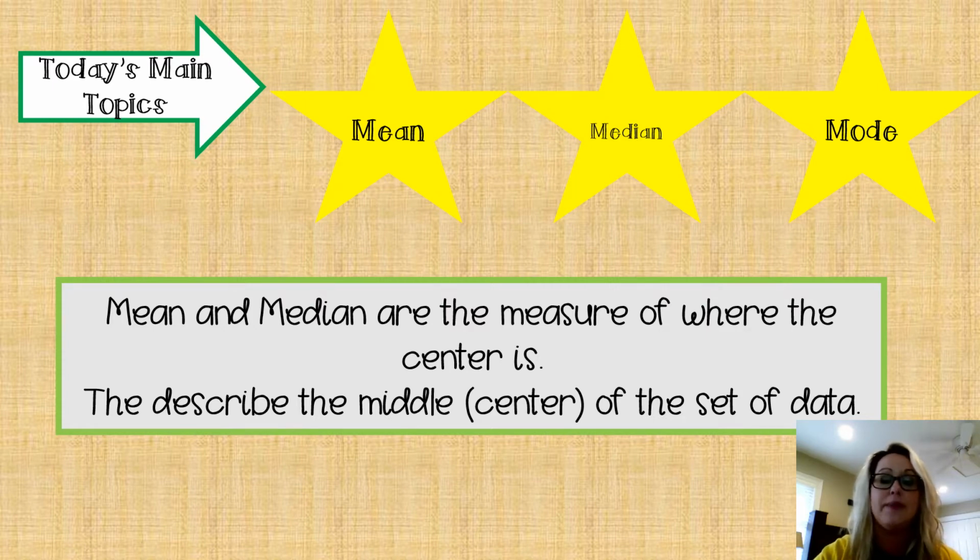And mode, he's thrown in there with them. He's a measure of central tendency, but like in that video, he's the cool guy because he's the most popular one. He's the number in the set that's occurring the most amount of times.